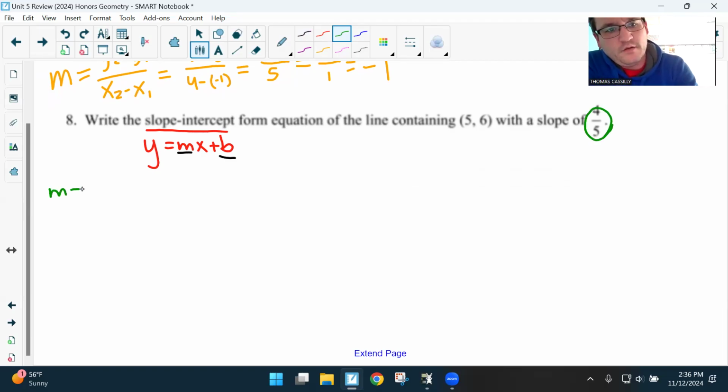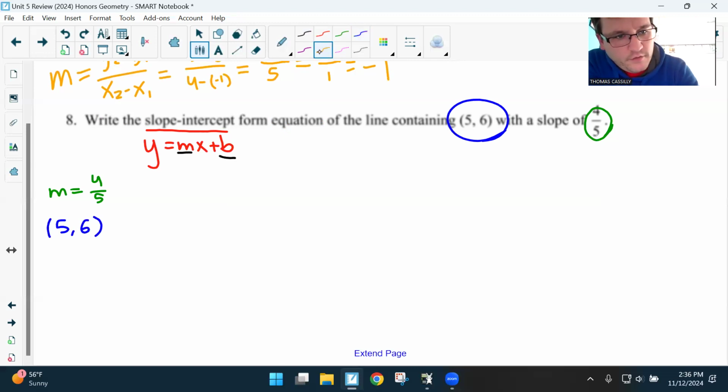So m equals 4/5. Do they give us an intercept? No, they give us a point. They give us 5, 6. What is 5, 6? This is a point. I'm going to call this x1, y1. So they give us a point and they give us a slope.